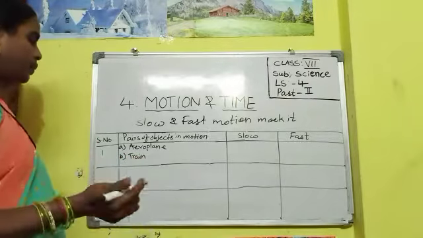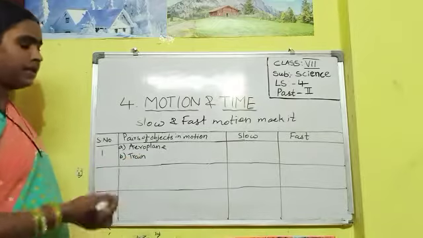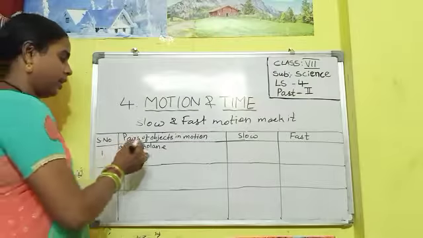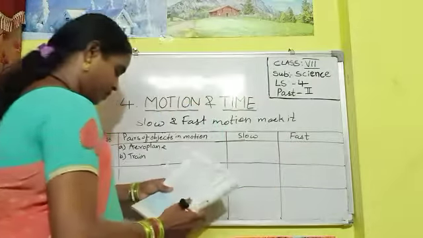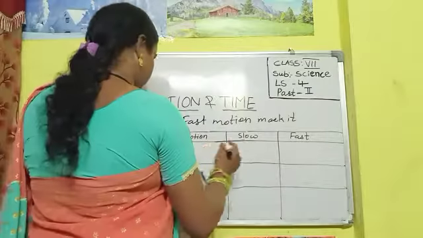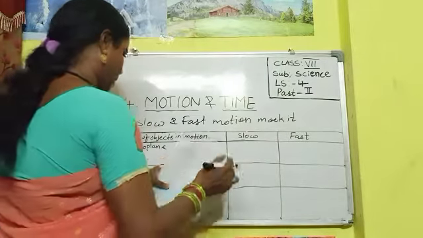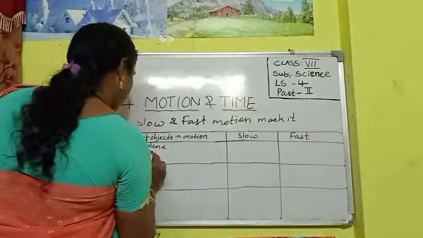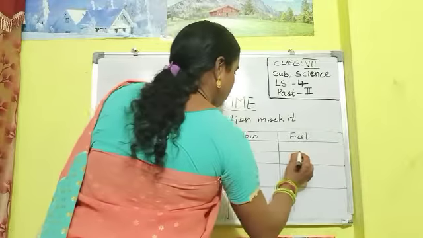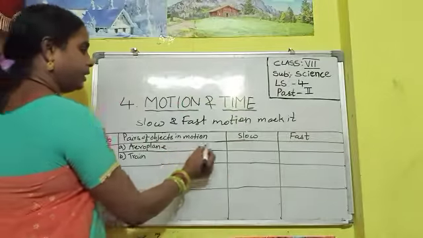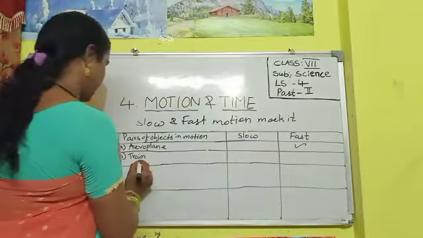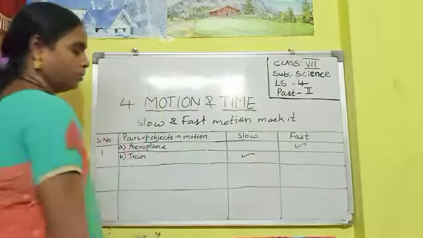So children, comparing to the aeroplane, is the train fast or slow? Aeroplane is fast. So aeroplane is fast and train is slow.